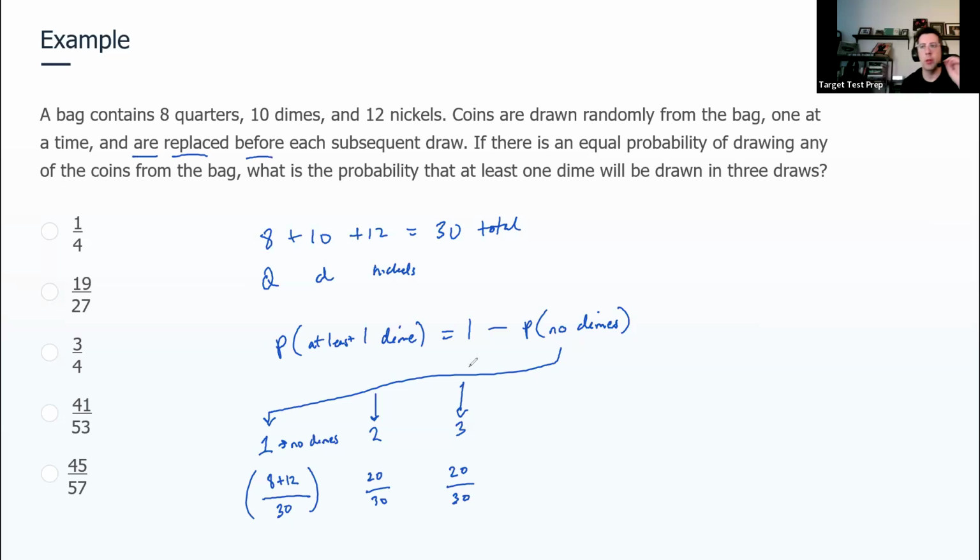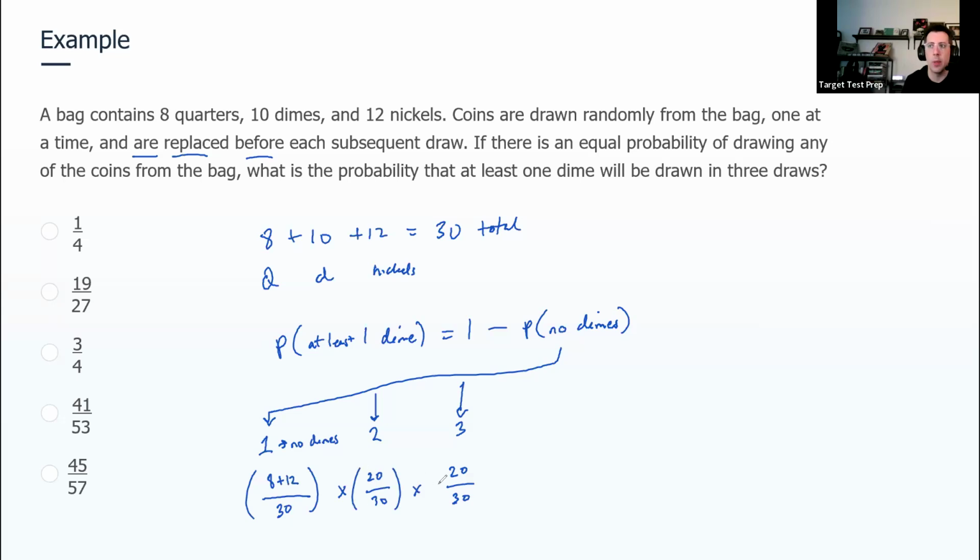This would be a little bit harder if we had to adjust the probabilities as we were taking a coin out, if we weren't putting the coin back in each time. But with this, it's more straightforward, so the total number of coins stays at 30, and the number of quarters, nickels and dimes all stay the same for each draw. So our chance for each draw is just 20 out of 30 that we won't get a dime, or 2 out of 3.